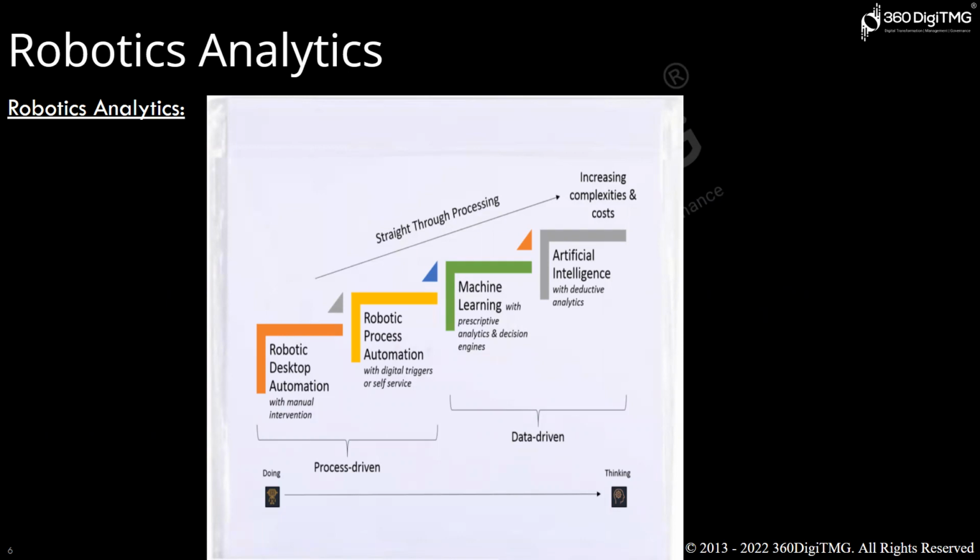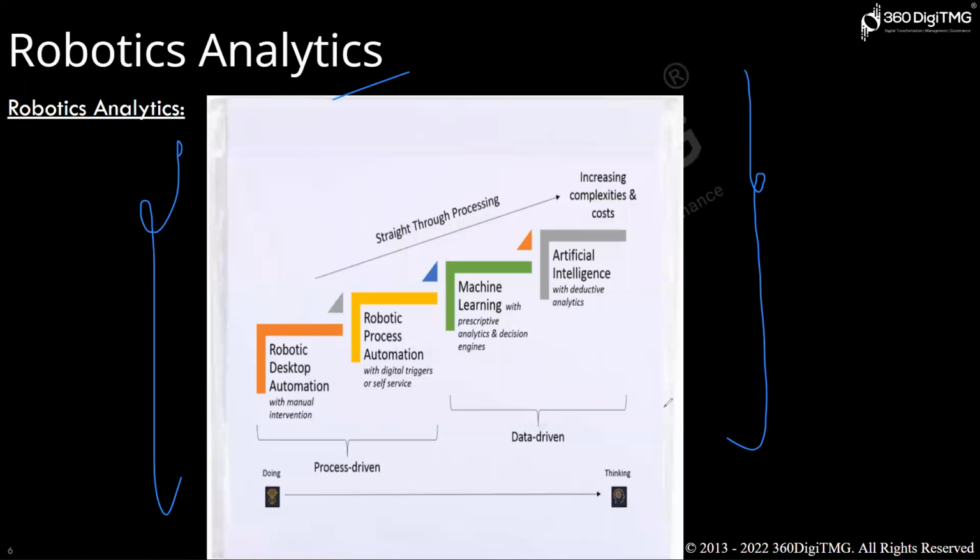Robotics analytics: how it's going to be data driven, how the process is driven. We are going to see it like this. This is the image, guys. So this is an image of robotics and how it takes care of things: robotic desktop automation with manual intervention.